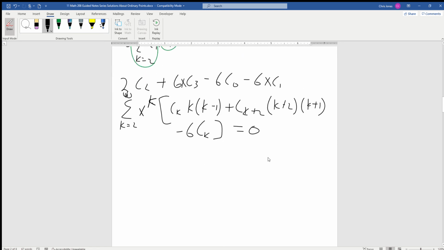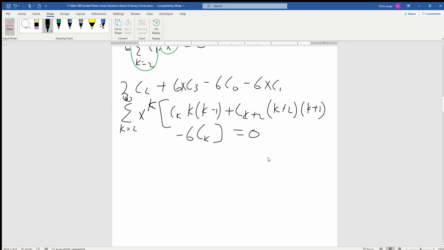Alright, so let's do two things before we stop this part of the video. We notice that x to the k equals 0, which is true when x equals 0. And that's trivial. We don't really care about y equals 0. We already know y equals 0 is a solution. Who cares about that?